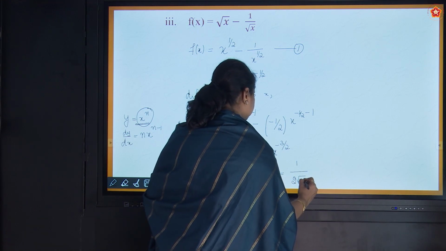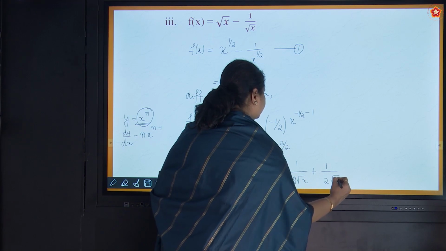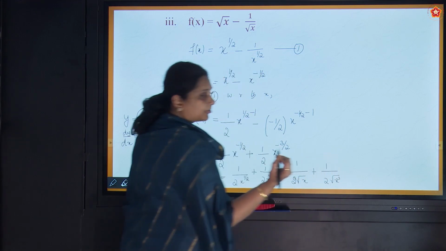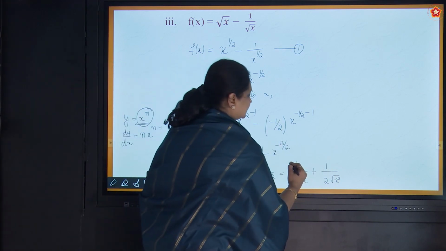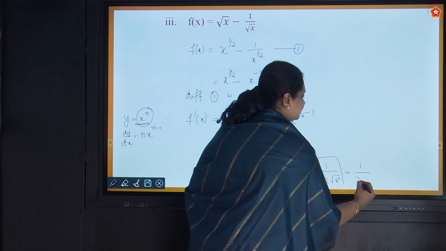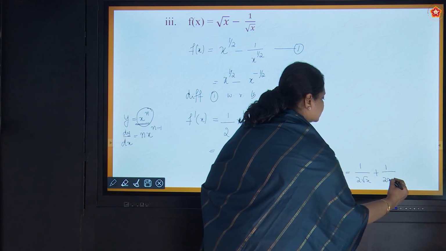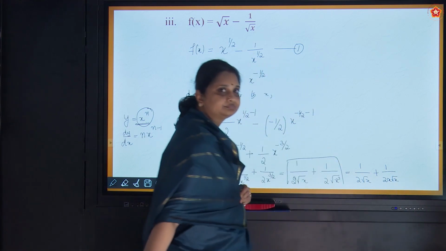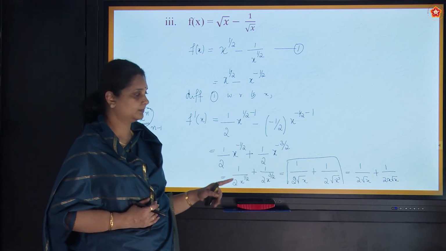So it's root x plus 1 by 2 root of x cube. You can leave it here and you can also write it like this, or you can write it in its simplest form like this. The surds can be expressed in its simplest form.